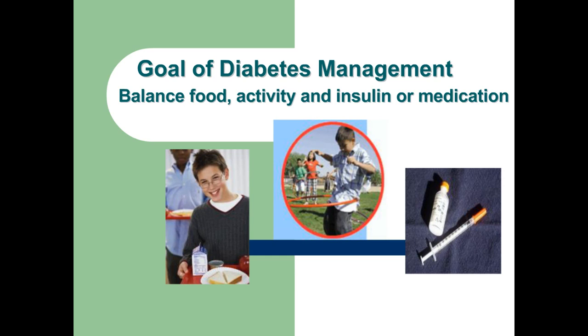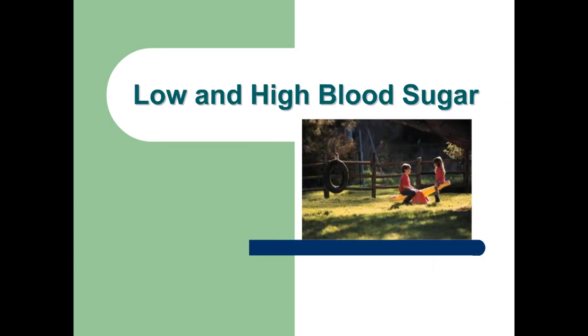As a general rule, food makes blood sugar go up and exercise makes blood sugar go down. Many other factors such as growth, puberty, stress, illness, or injury can affect blood sugar levels. With many factors coming into play, maintaining good blood sugar control is a constant balancing act 24 hours a day, 7 days a week.